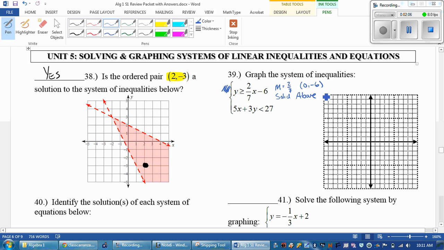So at -6, that's where I'm going to start. And then we go up 2 over 7, and then down 2 over 7. All right, and now I'm getting out my ruler to make sure that my line is nice and straight.